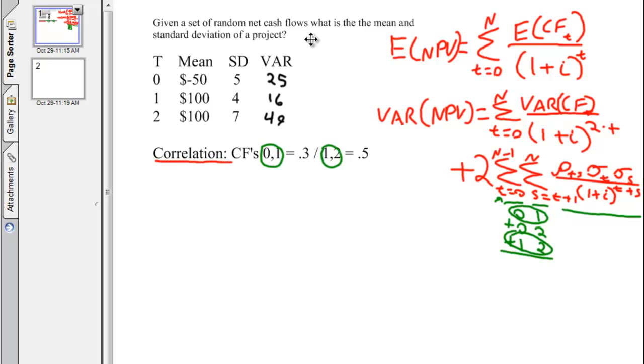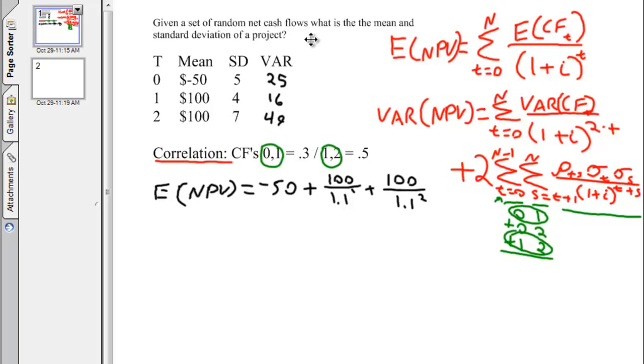All right, so let's do the problem itself. First thing that we do is to find the expectation. All right, so our expectation of net present value is given by, in this case, at time 0 negative 50 plus 100 divided by 1.1, of course raised to 1, plus 100 divided by 1.1 raised to 2.